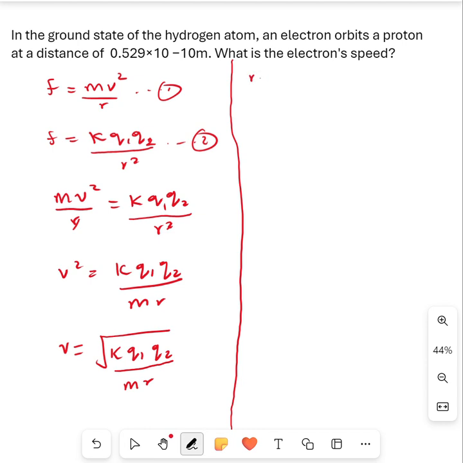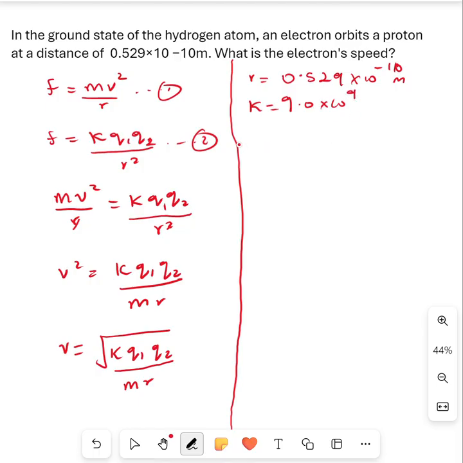Remember that R, the distance, is 0.529 times 10 raised to the power of minus 10 meters. K is also a constant: 9.0 times 10 raised to the power of 9.